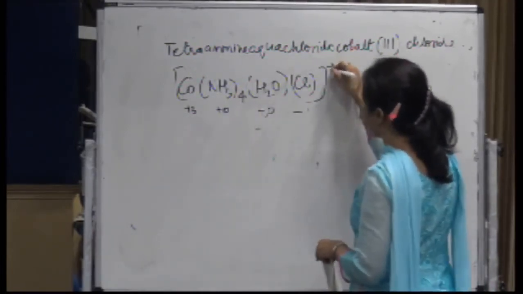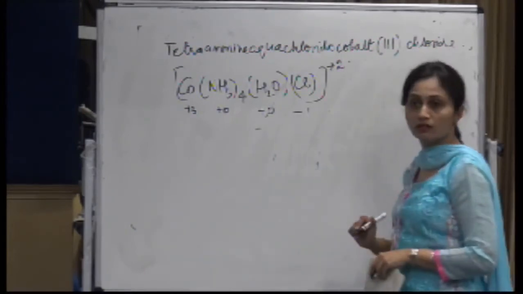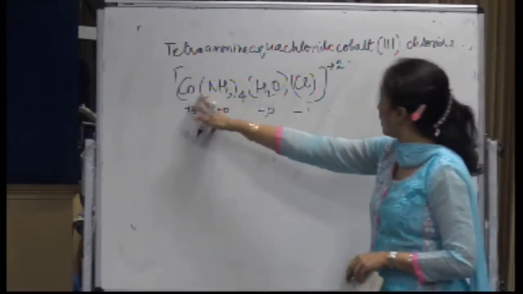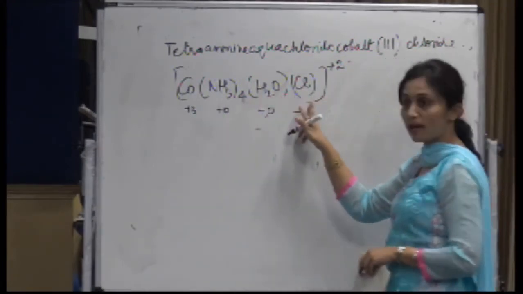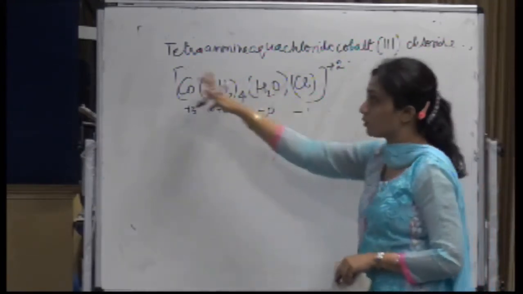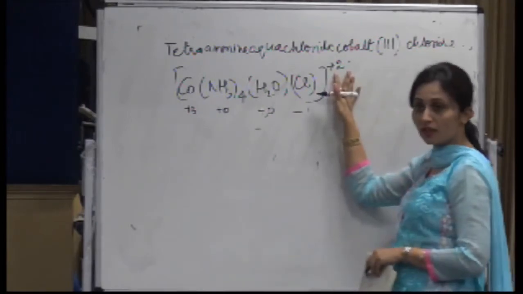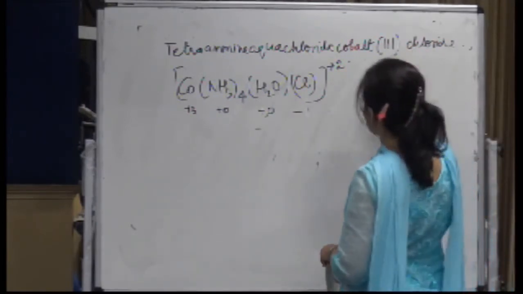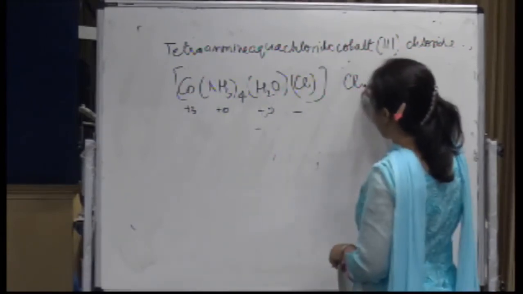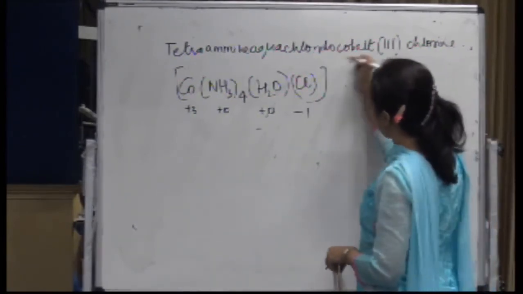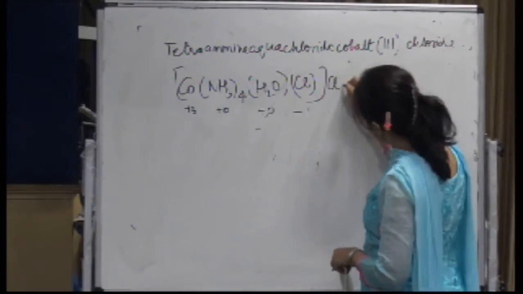What is the charge? +2. Cobalt is in +3 oxidation state, then +0, +0, -1, so the charge on the coordination sphere will be +2. And then you have chloride, so it has to be balanced with chloride. So I remove this +2 and I write Cl2.